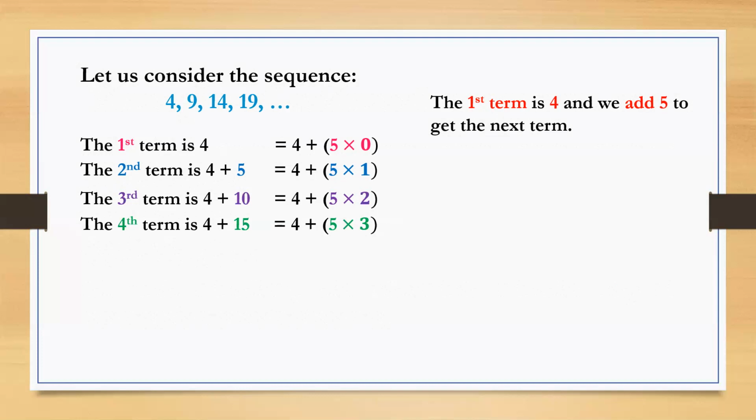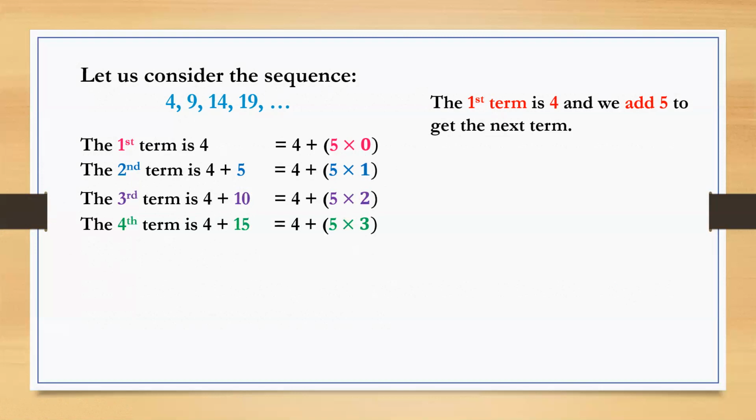Can you observe these numbers and try to understand what is happening here? So you can see that 4 is being repeated everywhere. 5 also. Here we have 0, 1, 2, 3. For the first term, we have 0 here. For the second term, we can see 1. Third term, 2. Fourth term, 3.